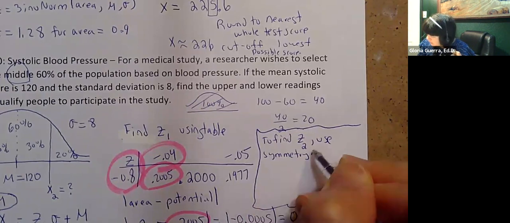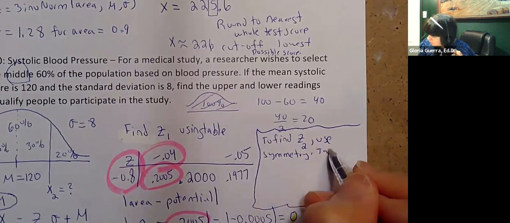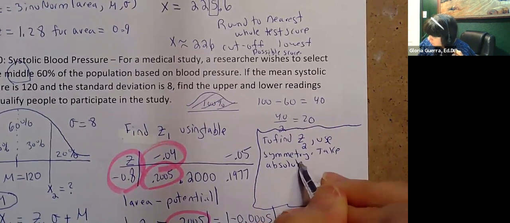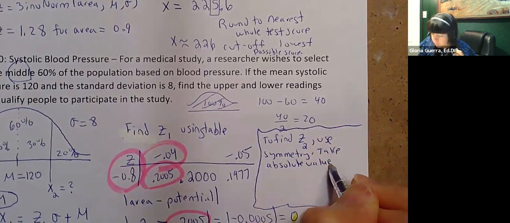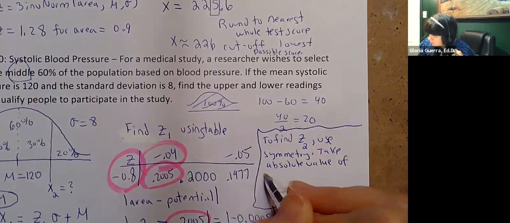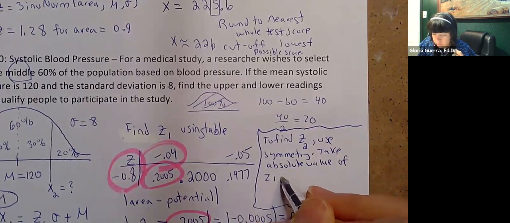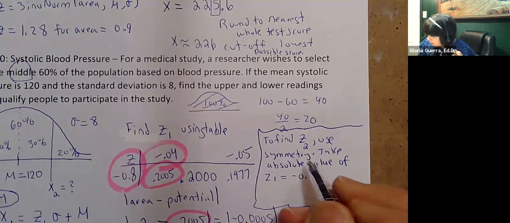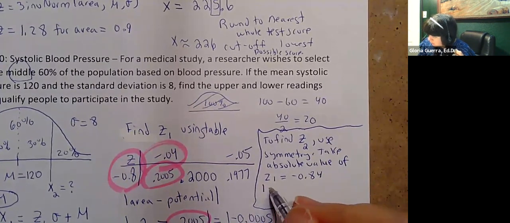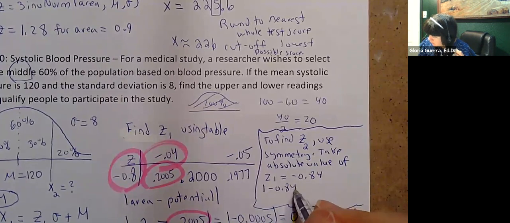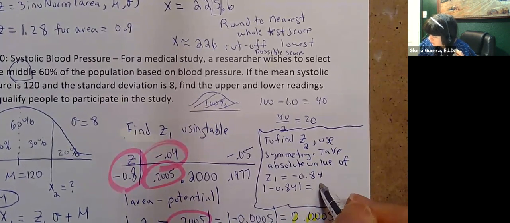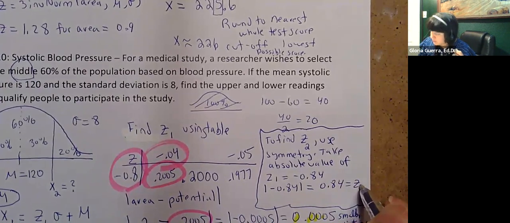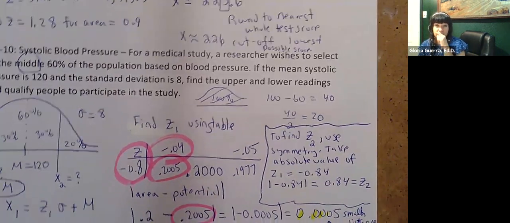And you're going to take the absolute value of z1, which was the negative 0.84. So the absolute value of negative 0.84 is just 0.84, and that's going to be what z2 is because there's symmetry.